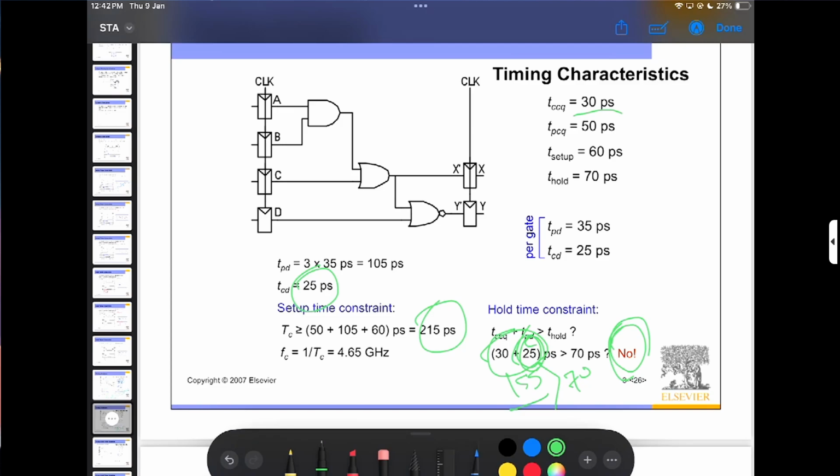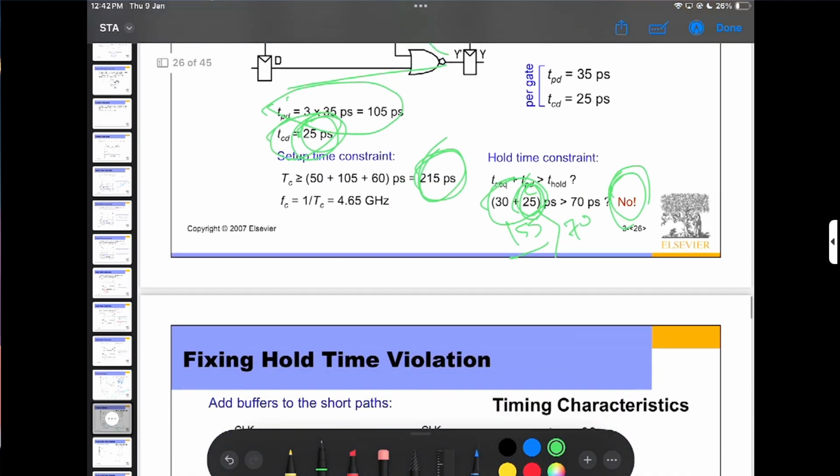Not for one gate, because why should we take minimum? Oh, okay, understood. The TCD is the contamination delay, the combinational delay, that is 25 picosecond, and TPD is the propagation delay. Okay, understood the concept now, and here is my correct answer.